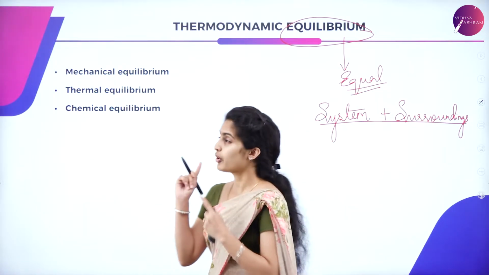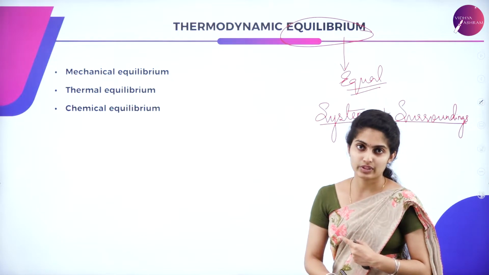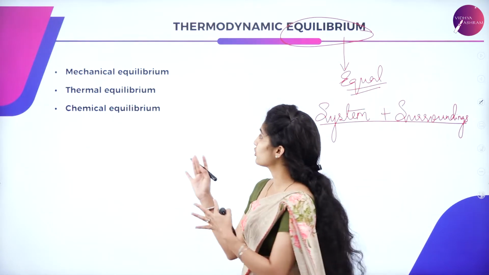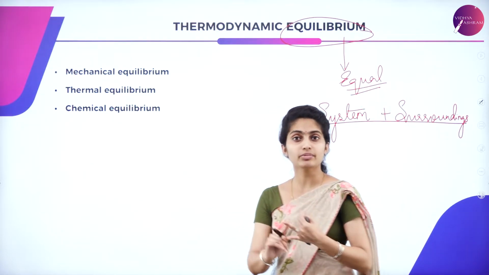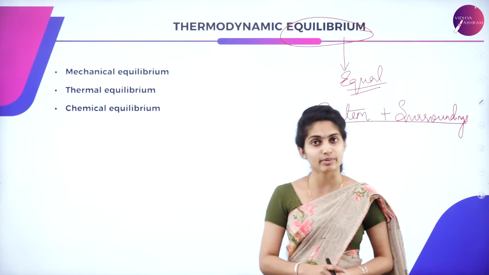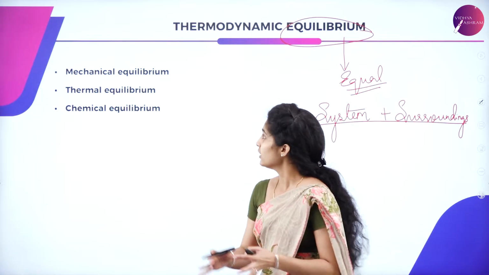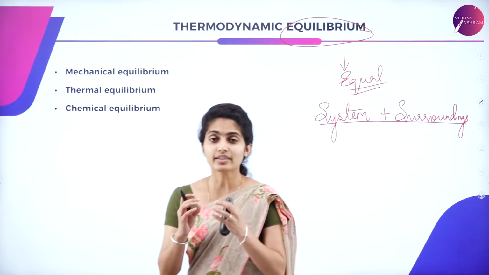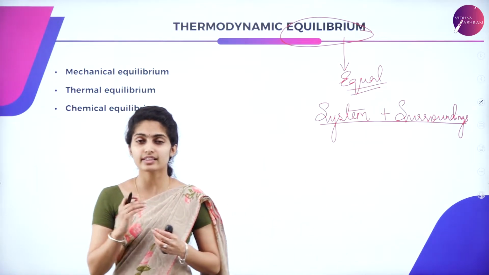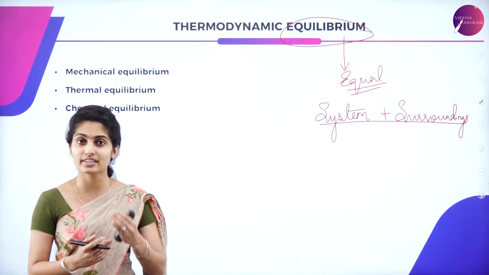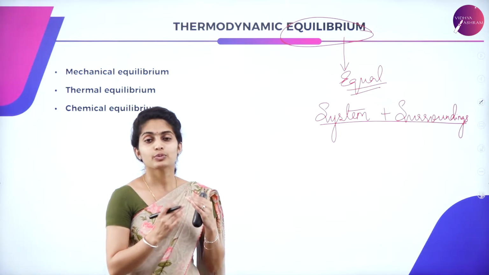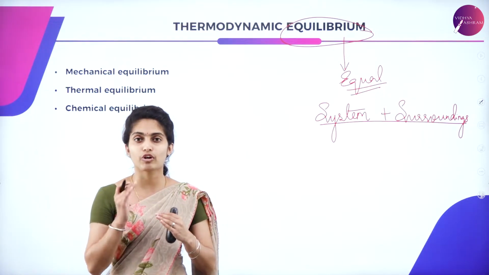So this is all about thermodynamic equilibrium, of which we have three types: mechanical equilibrium, thermal equilibrium as well as chemical equilibrium. Mechanical equilibrium is the tendency of a system to be at rest, that is, at a uniform state.